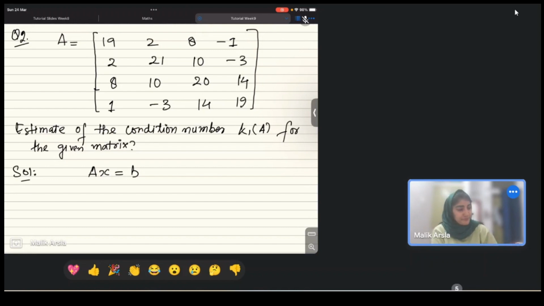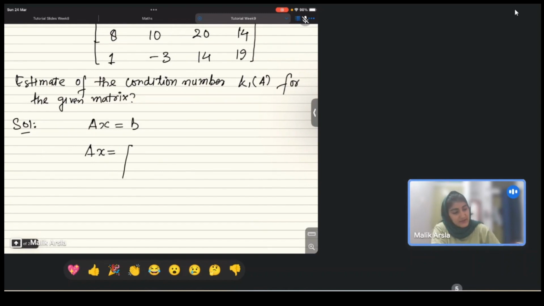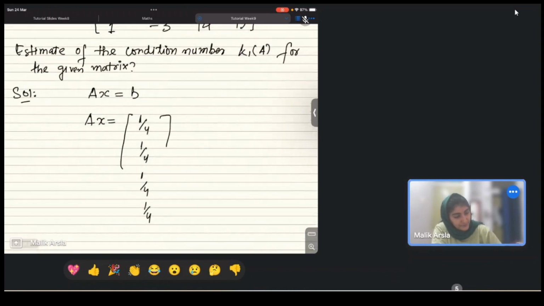In our case it is a 4 cross 4 matrix, so we will choose a vector like this: 1 by 4, 1 by 4, 1 by 4 and 1 by 4. So this is based on getting a unit vector. That is why we are making this choice. So here Ax is equal to B, where B is 1 by 4, 1 by 4, 1 by 4 and 1 by 4.